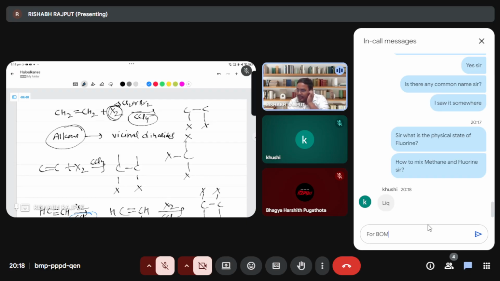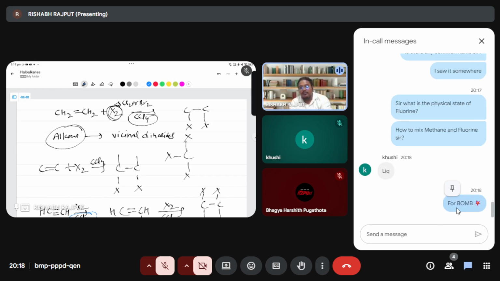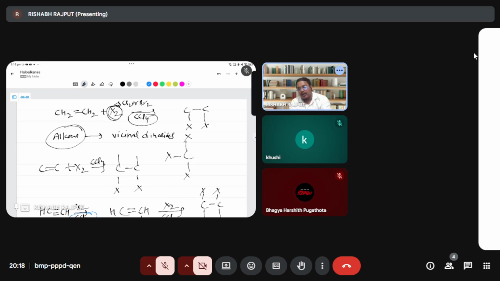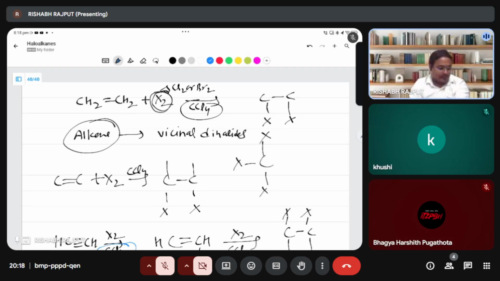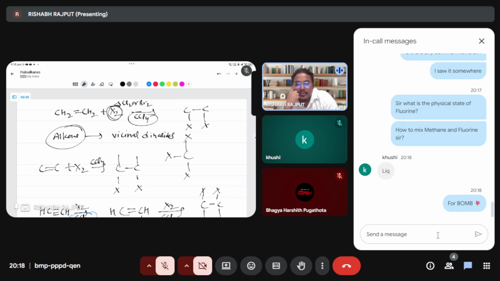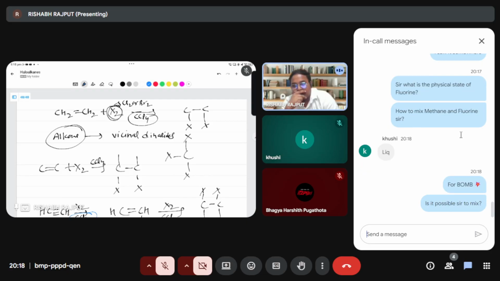If you are reacting methane with fluorine in the presence of heat or light, you will get a lot of heat, so that is why it is not preferred. That is why we are using the halide exchange method, using AgF or mercury fluoride. In this case you can make alkyl fluoride.